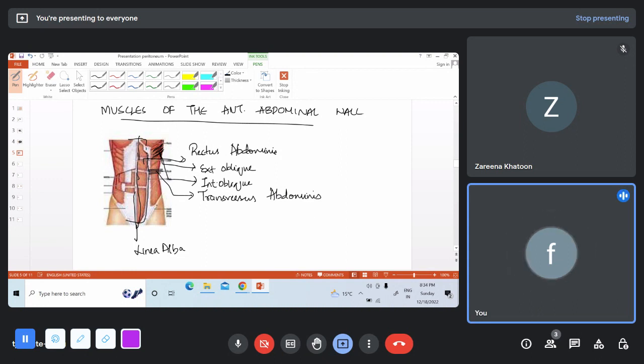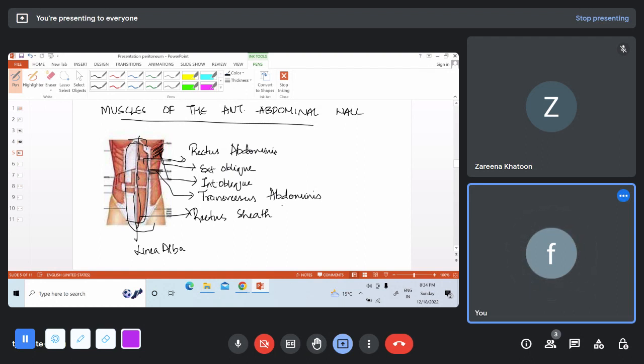Now, the rectus abdominis muscle is enclosed within a sheath which is called the rectus sheath. You can see the sheath here, the white colored sheath. So, what is the rectus sheath? It is the covering of the rectus abdominis muscle.